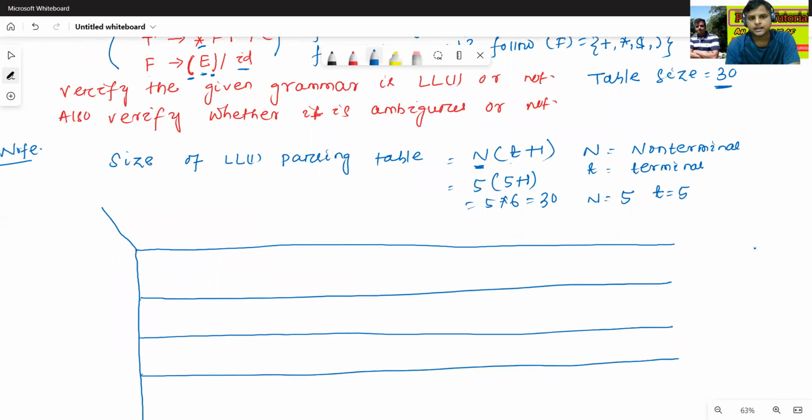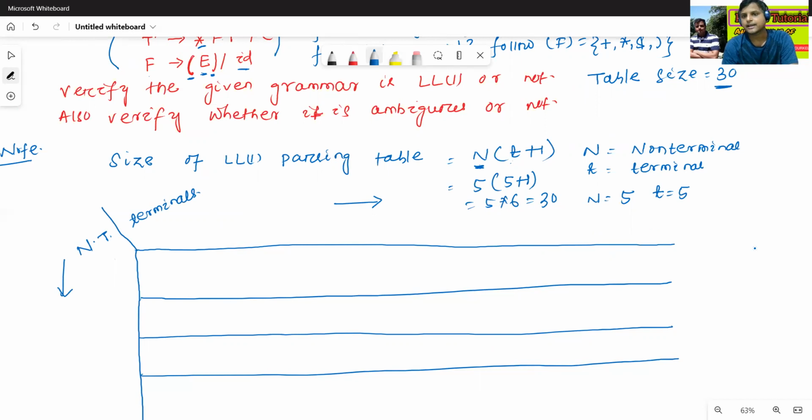See here, the upper part is called terminals, and this part is called non-terminals. How many terminals and how many non-terminals are there?